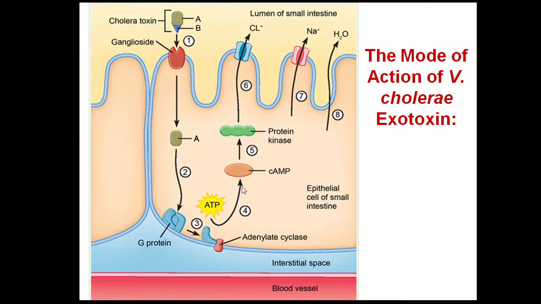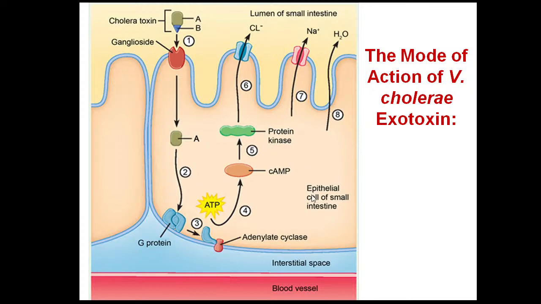cyclase that causes permanent activation of cAMP in epithelial cells of the small intestinal tract, and as a result the release of chloride ions outside the cell into the lumen of the gut, and some other ions, so that causes the loss of water and formation of the rice water stool, as it is called, so very severe diarrhea.